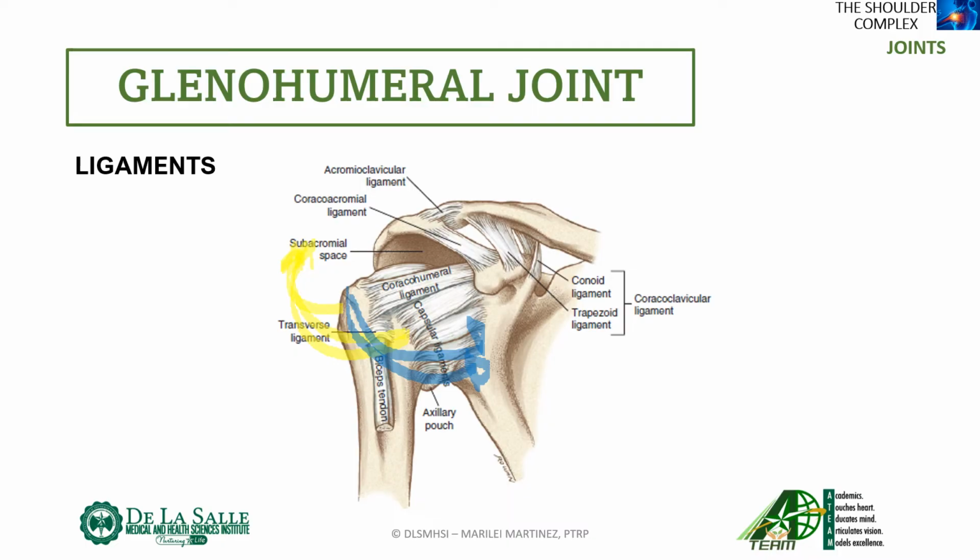So the posterior band of the inferior glenohumeral ligament is taut at 90 degrees of abduction and full or extreme internal rotation. Please don't confuse yourselves with these functions. Don't forget the 90 degrees as well. If it's just 90 degrees of abduction, it's more of the axillary pouch.